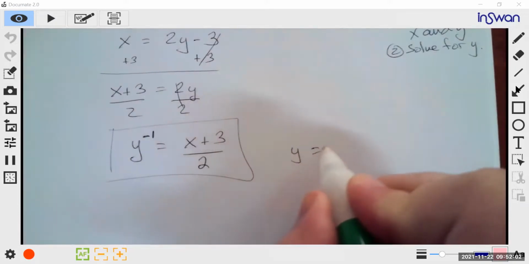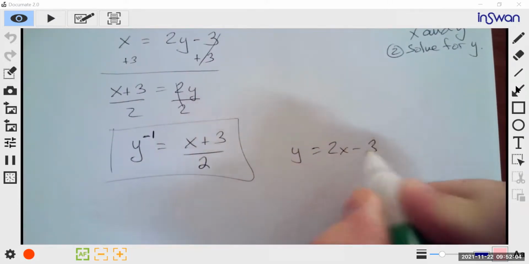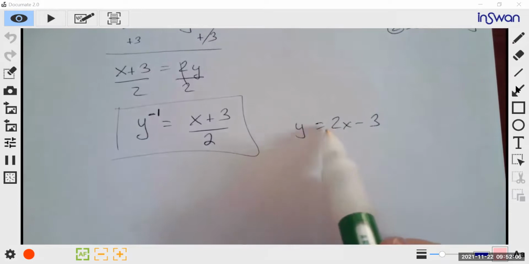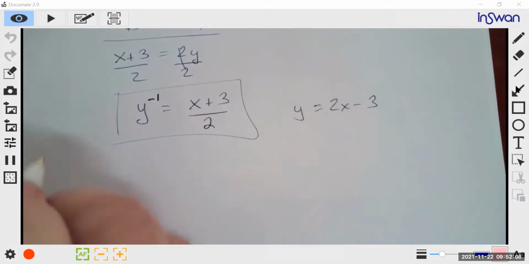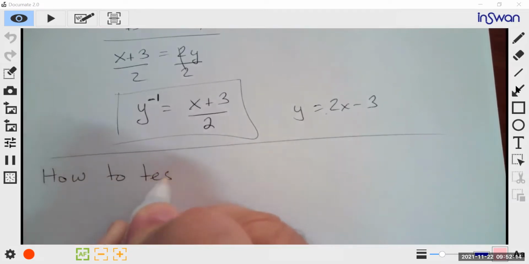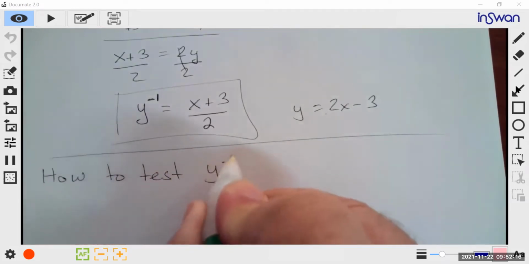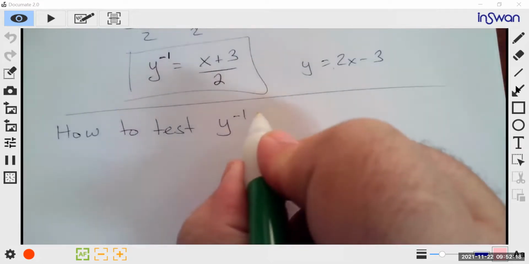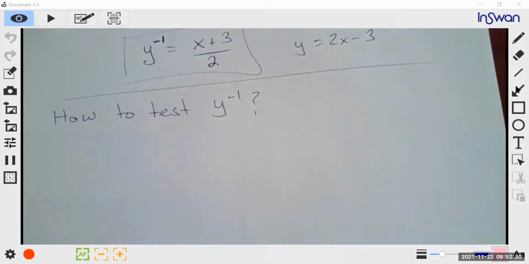Remember, y was 2x minus 3. We started off with this, we found the inverse. How do you test an inverse to see if it's really an inverse?